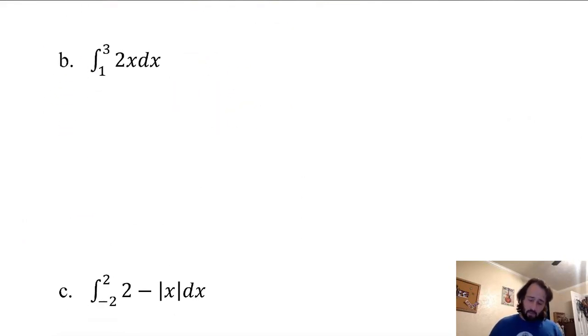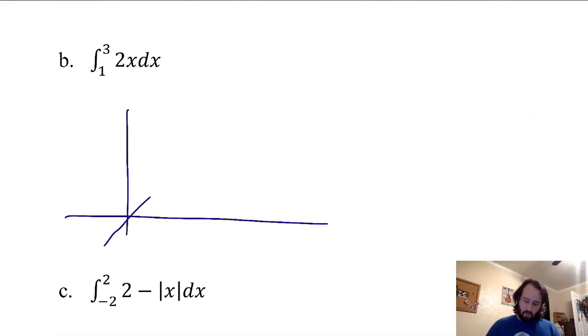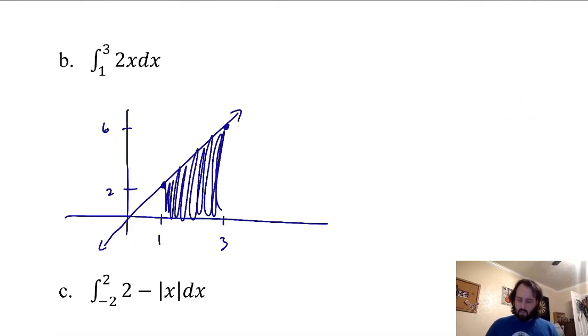Okay, so 2x from 1 to 3. Well, 2x goes like this, and if I'm going from 1 to 3, let's see, at 1 it is 2, right? And at 3 it is 6. So the area here is going to be a little bit more complex to find, but it's not so horrible, because this is essentially our trapezoidal rule.